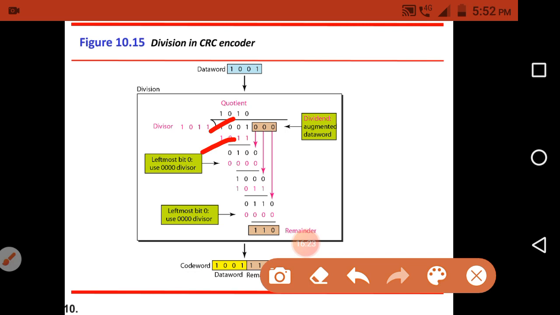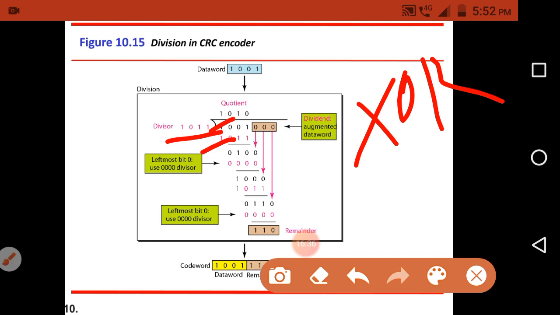So we need to subtract the divisor from the first 4 bits of the dividend. How do we perform the subtraction operation? We perform the XOR operation between the two words.